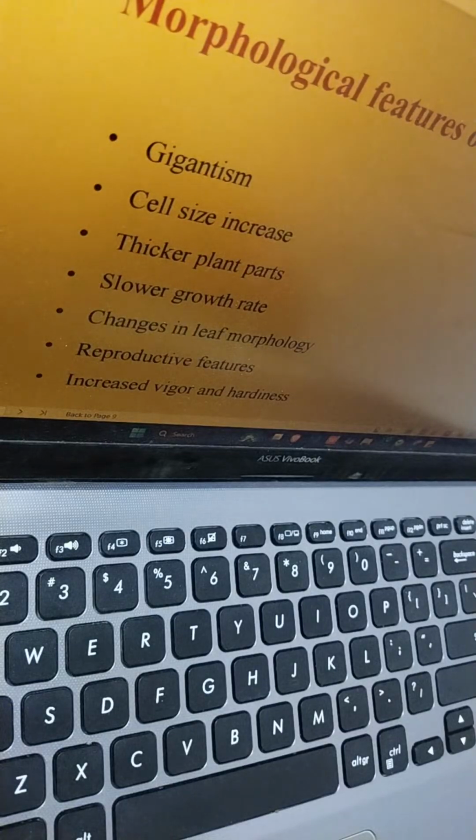What are they? Gigantism, increased cell size, thicker plant parts, slower growth rate, changes in leaf morphology, changes in reproductive features, and increased vigor and hardiness.